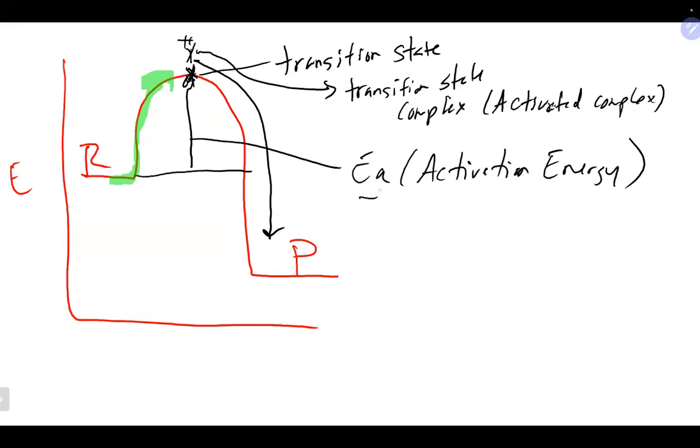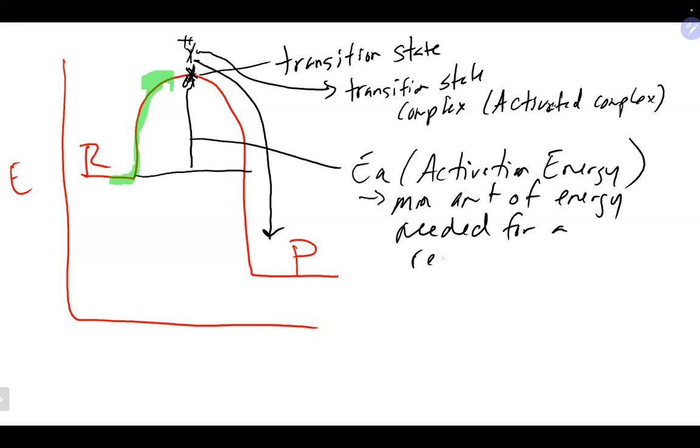The activation energy is the minimum amount of energy needed for a reaction to take place. So activation energy, again, that minimum amount of energy that is required for a reaction to take place.